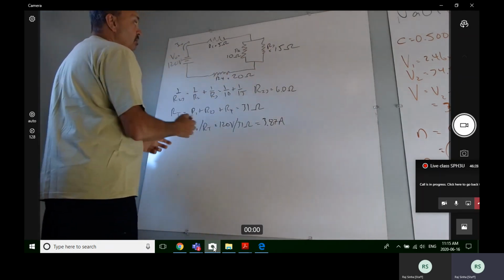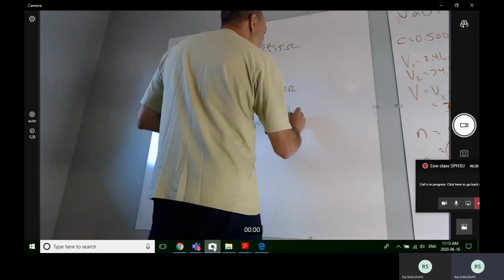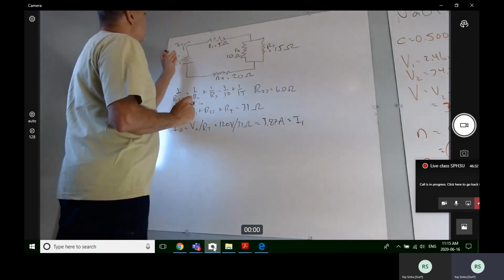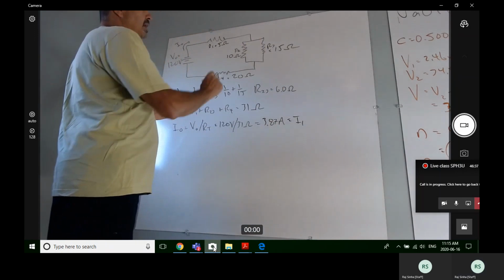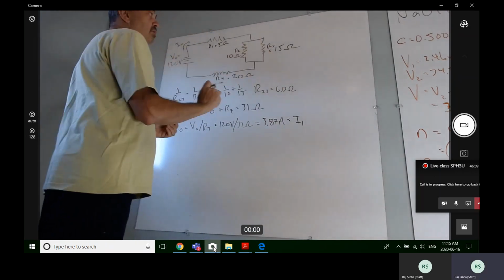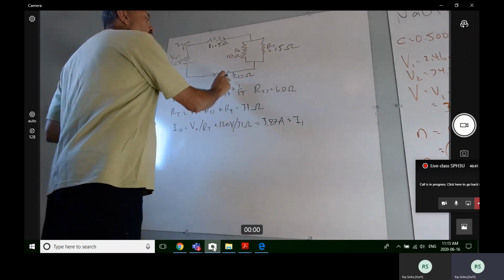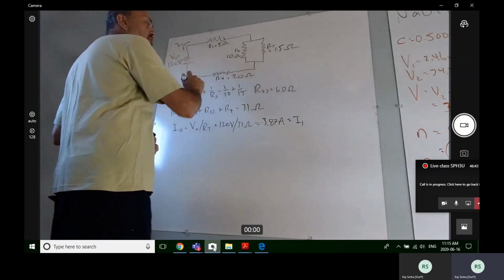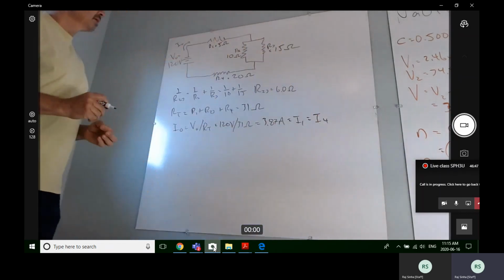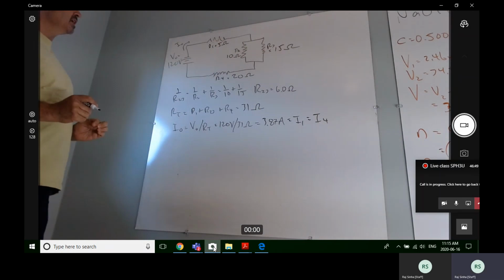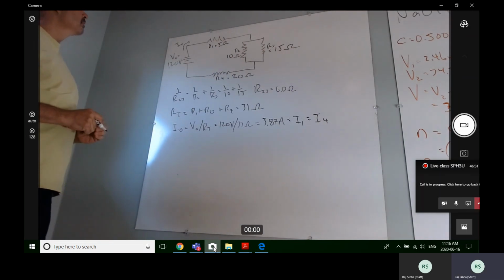So this I0 is also the same as I1, because that's the speed that it goes through the first resistor. It's not going to be the same as I2 and I3 because they get divided up, but it will be the same as I4 because they come together at the end here. Right, so those are my I1 and I4.